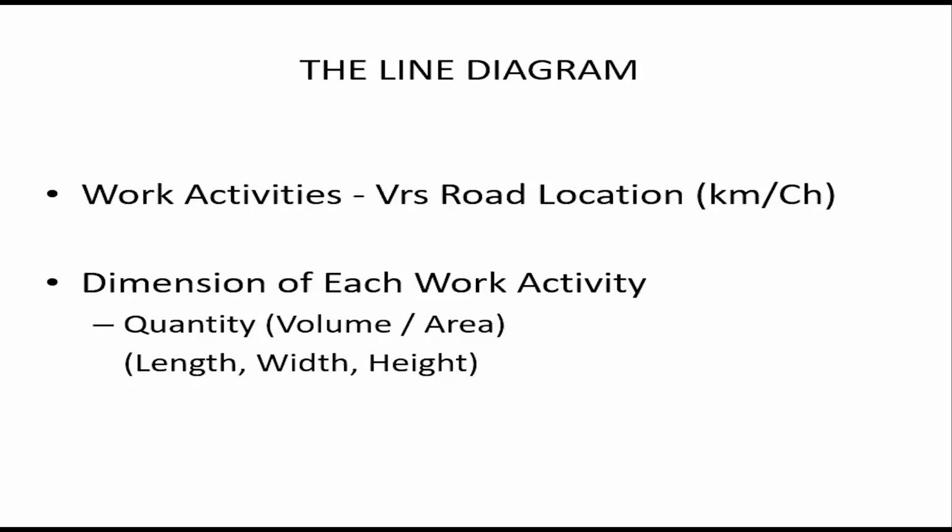Then you have the dimension of each of the work activities. That could be quantity, which is volume or an area. Then you have the length, width, and height. And all this will aid the quantity surveyor to be able to quantify the volume of work.